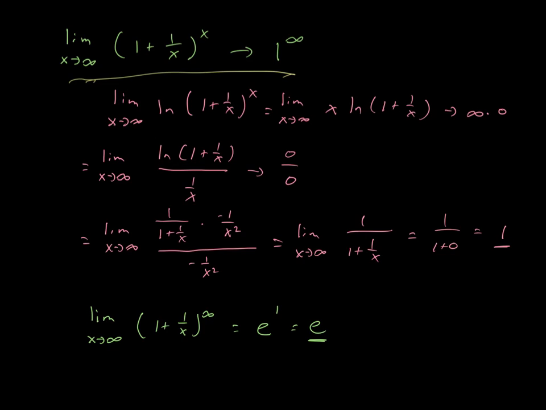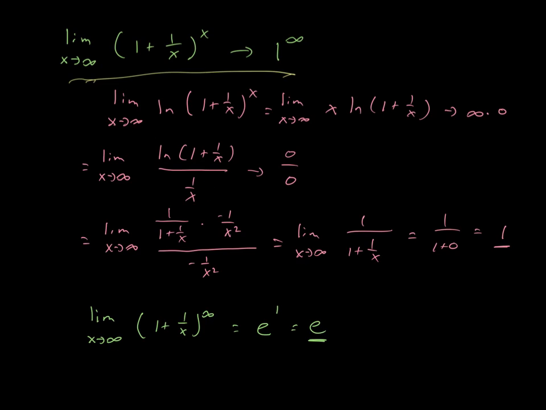The derivative of natural log of 1 plus 1 over x is going to be 1 over 1 plus 1 over x times the derivative of the inside function, which is negative 1 over x squared. Notice I didn't do any simplification, and I'm not going to. Because the derivative of the bottom is going to be negative 1 over x squared as well.